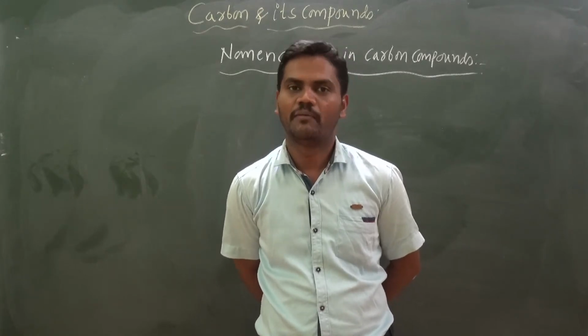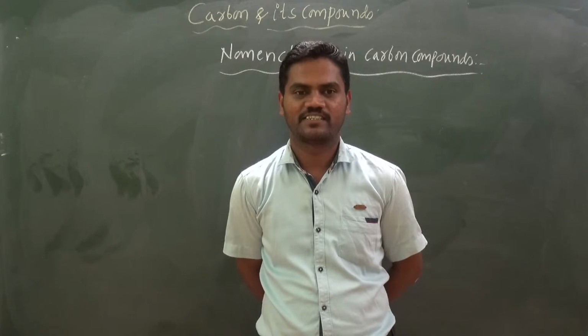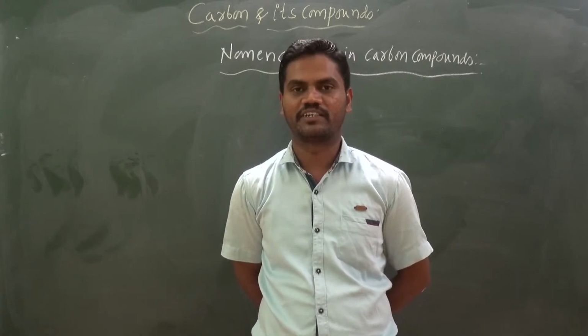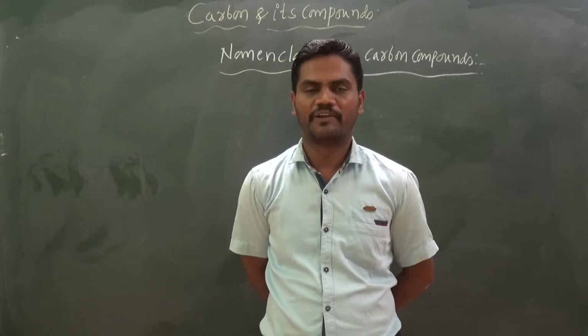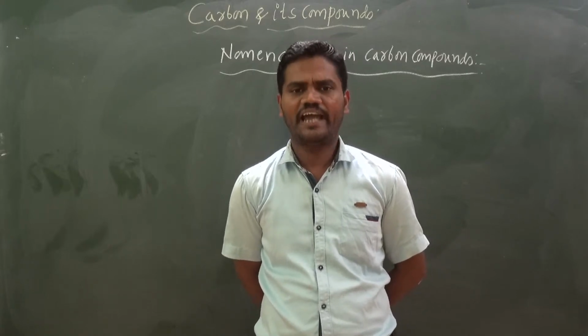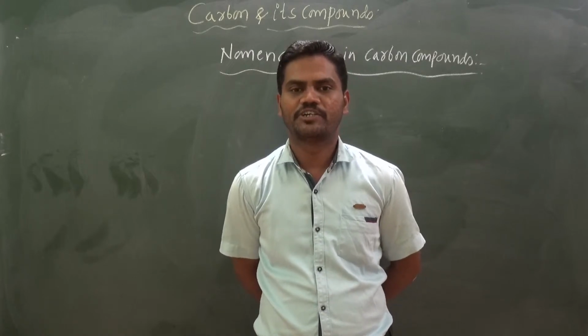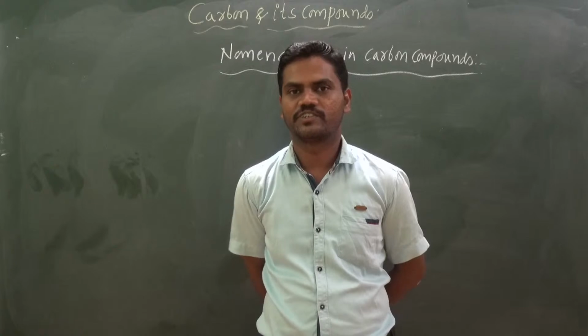Prefix means before the phrase, suffix means after the phrase. Already you know this in English also. Prefixes are nothing but alkyl groups, and the halogens are regarded as substituents to all the side chains. So this prefix is there, no?